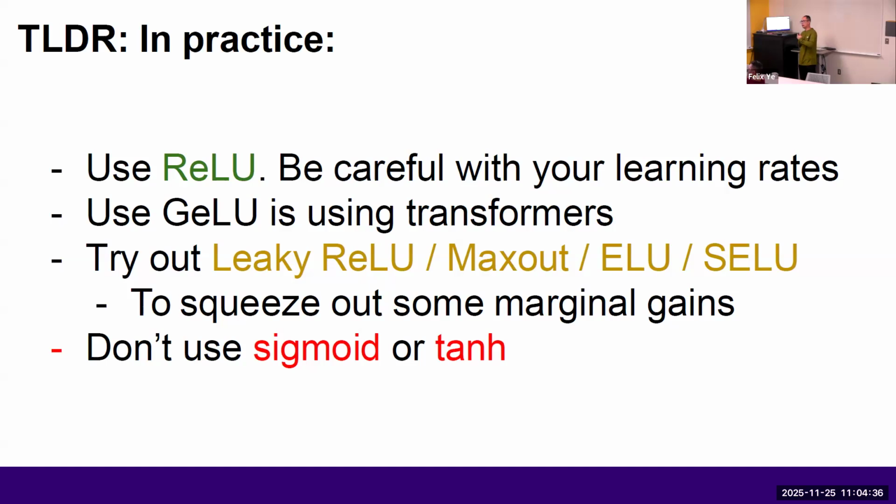If your performance is 85% and you want to get 86% or 87%, you can tweak the activation functions to squeeze out some marginal gain. But if you want to get 90%, 95%, this won't be helpful.